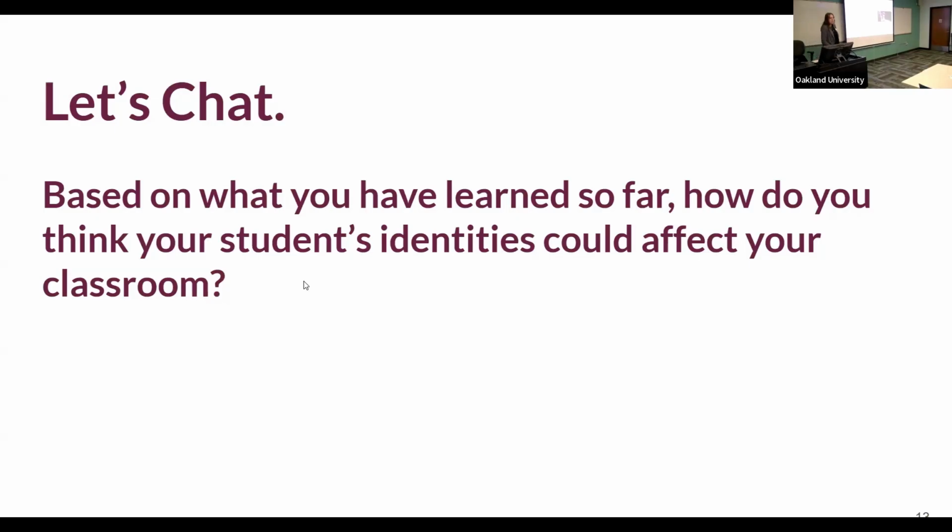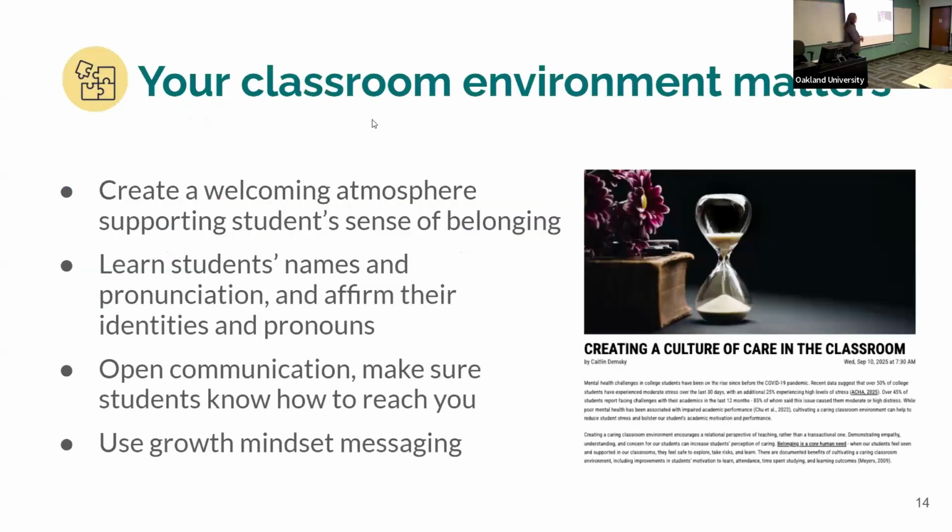So the next topic is our classroom environment. What can we do to support inclusive teaching and make sure all of our students feel valued and respected? The first thing is to create a welcoming atmosphere and support student sense of belonging. And that starts with you introducing yourself.